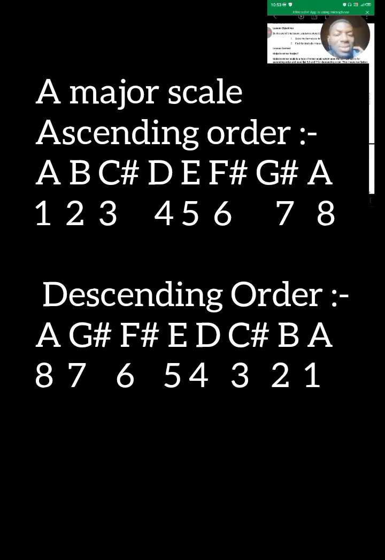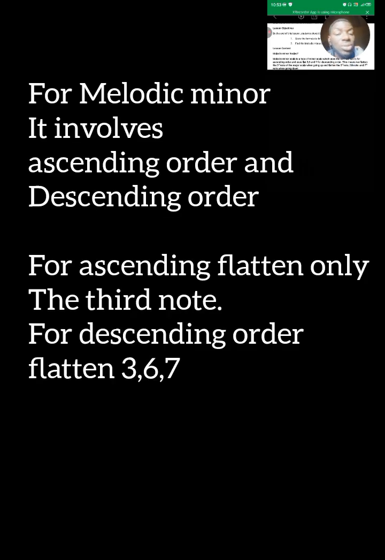Are we there? Now, melodic minor has a different scale for descending order. The ascending order for melodic minor is different from the descending order. For ascending order, we will only flatten the third note.